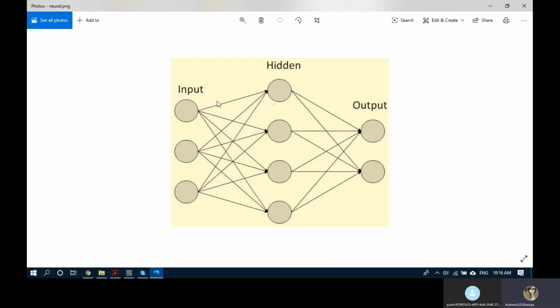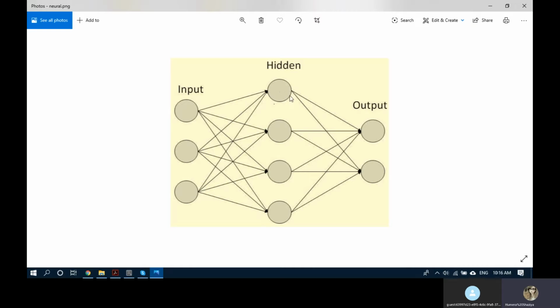they are labeled with a weight. Each connection is labeled with a weight, and then this input and weight are applied together in an equation, and then some sort of result is sent here.